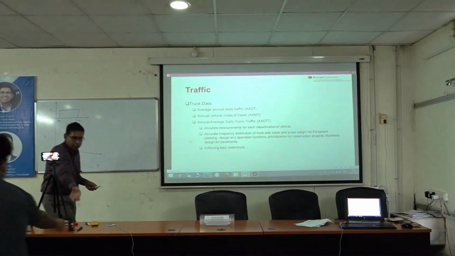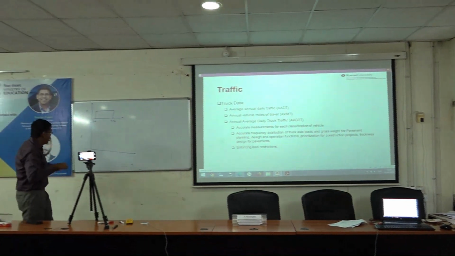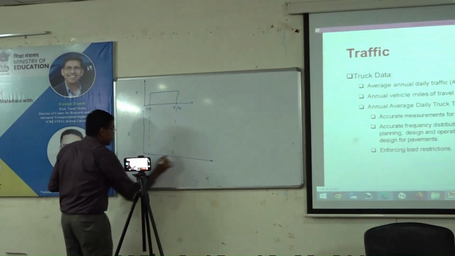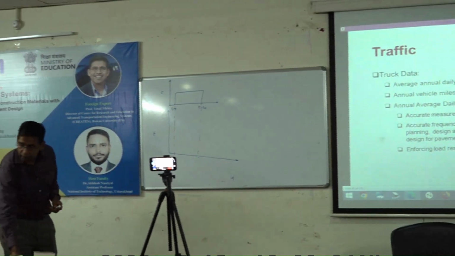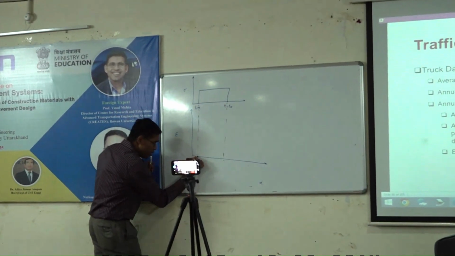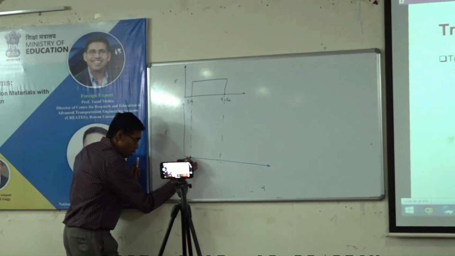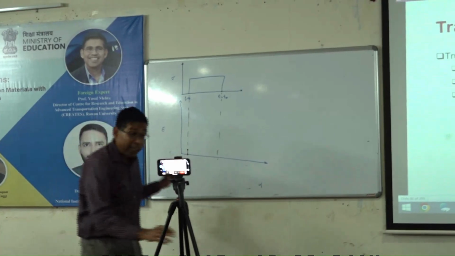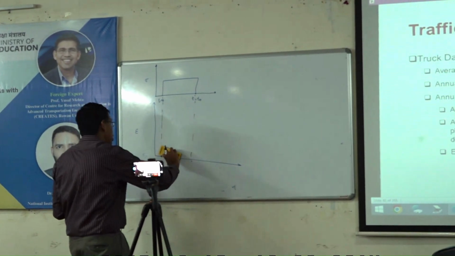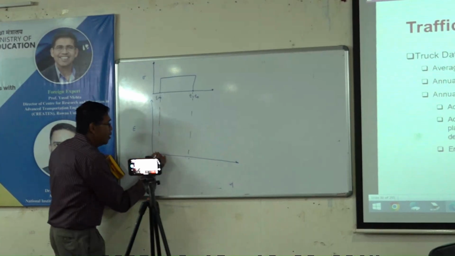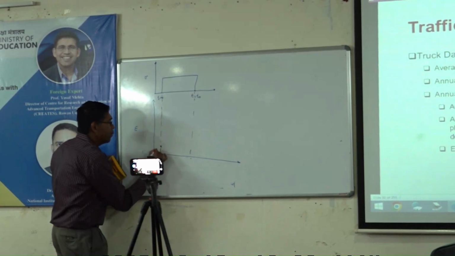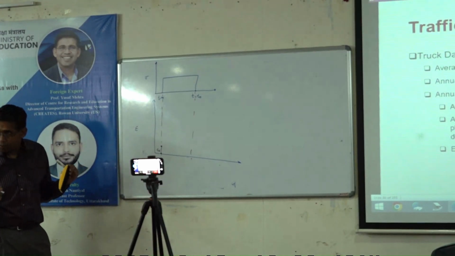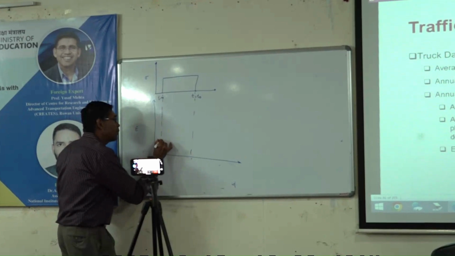So right here, anytime you apply a load to a material, there is going to be, and this is completely exaggerated, I'm going to exaggerate it even more so people online and here at the back can also see, there is going to be an elastic portion instantaneously. Okay, there is going to be a plastic portion.